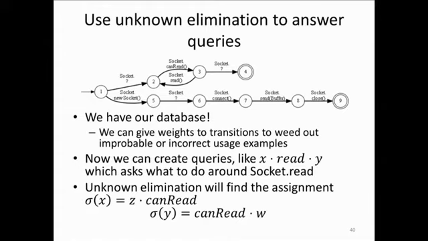I was saying we might want to weight our paths, which the implementation we have actually does. And then we can maybe not give you answers to your queries from paths that might be bugs. And now we can take the query that the user asks, like, what do I do around read, which translates to X read Y. What do I do around socket read?